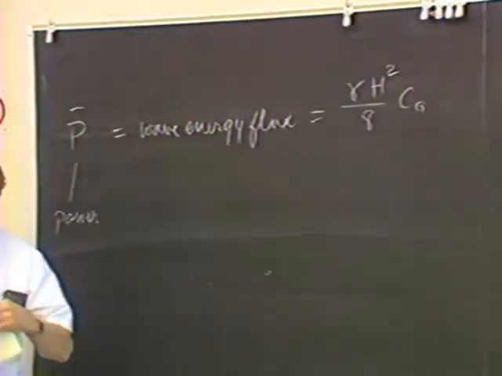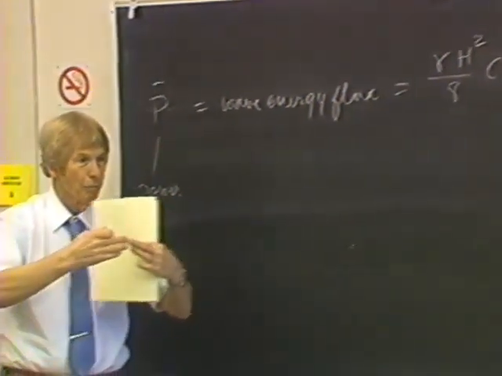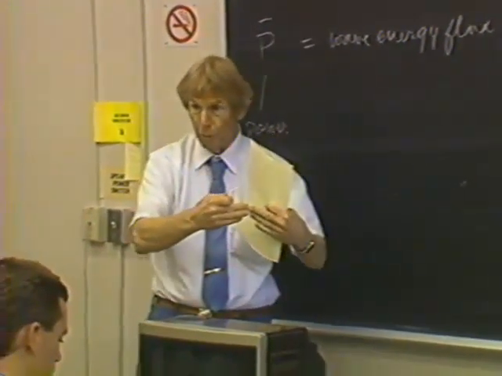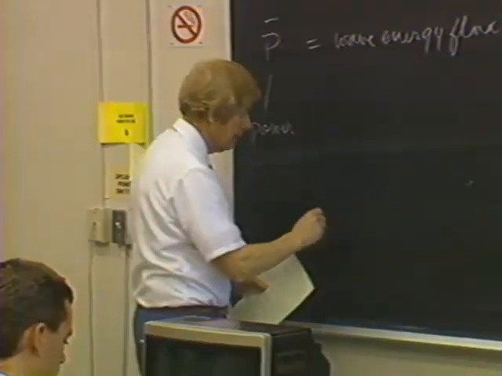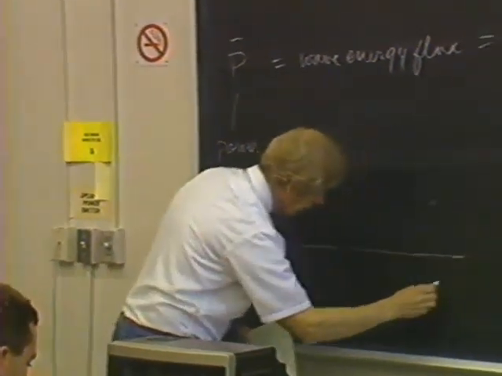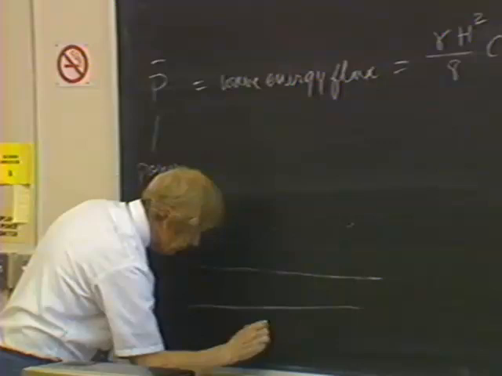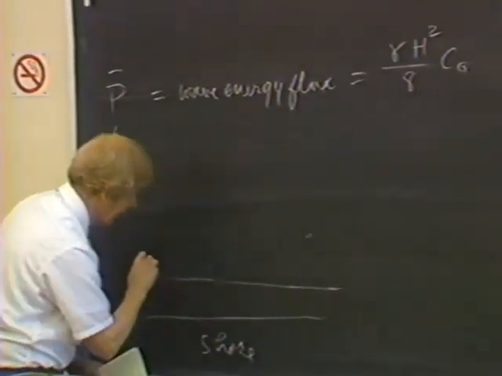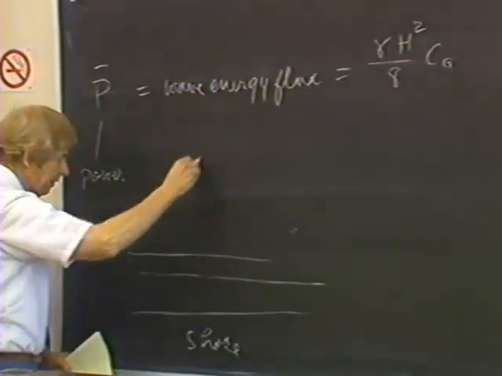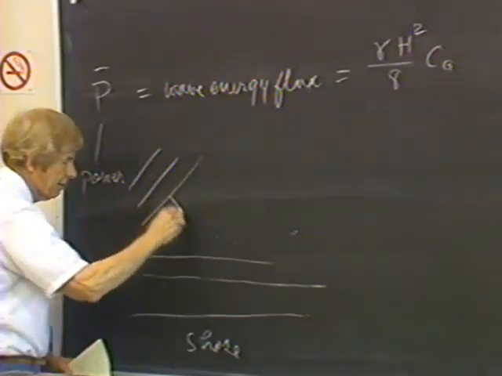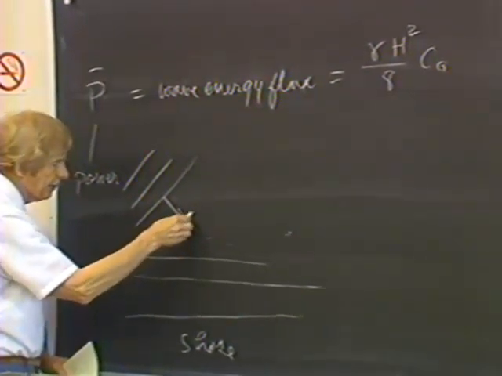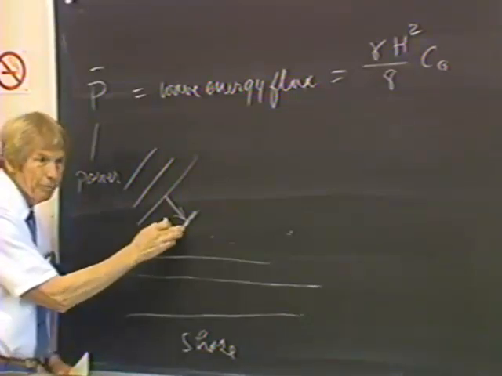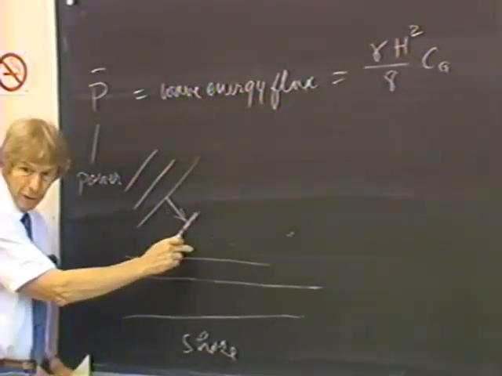That is, this is the energy flux through a plane perpendicular to the path of the waves. That is, if we have shore contours like this, and the waves are coming at an angle like this, then this is the energy passing through a plane perpendicular to the direction of the waves.